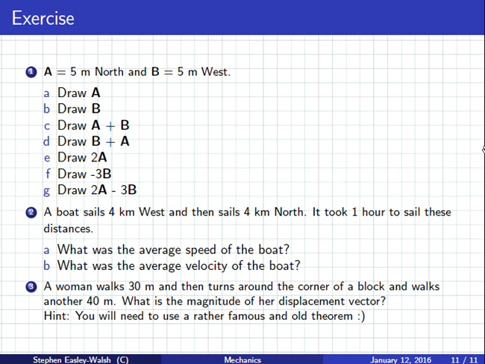Right, where were we now? Right, so the next part is what is the magnitude and direction of his final displacement vector? So if you look here, I'll try and draw it in blue. This is his final displacement.